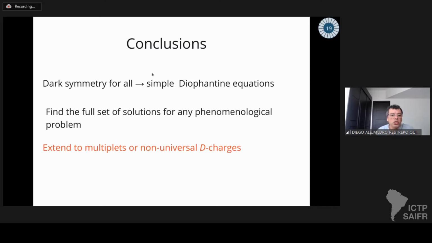So the conclusion: I presented a method to use the solution for the dark symmetry for all kinds of abelian gauge solution. This method allows us to use only the simple Diophantine equation that can be easily explored in a full range of parameter space.